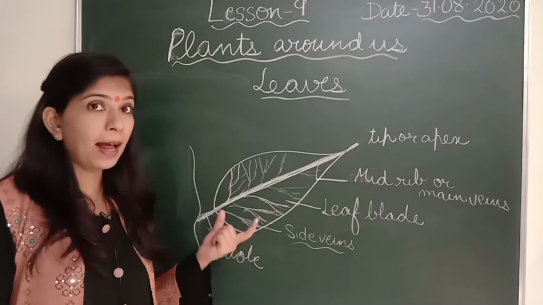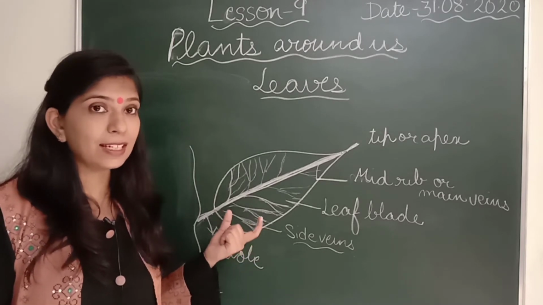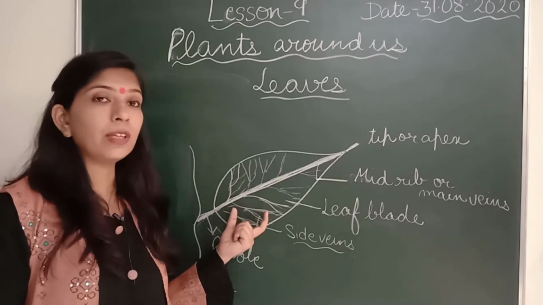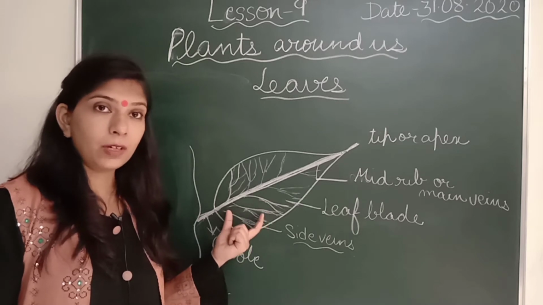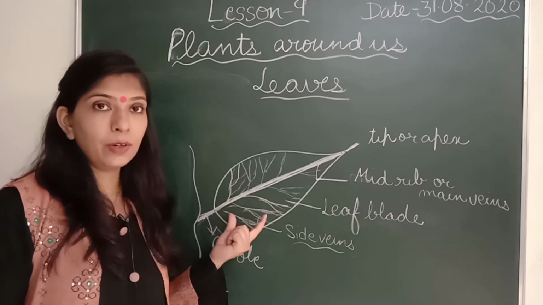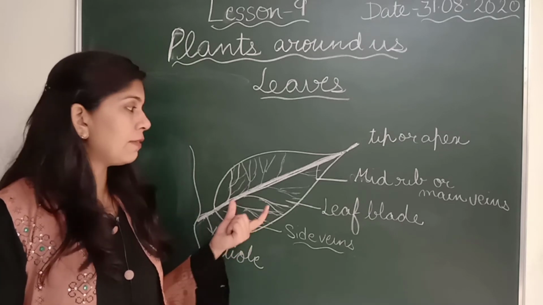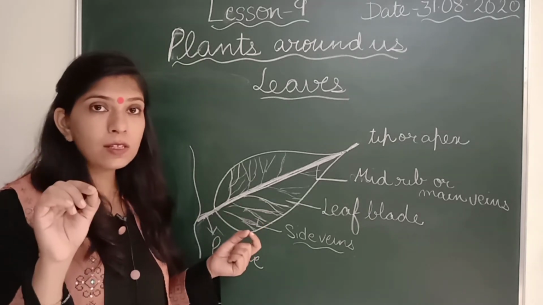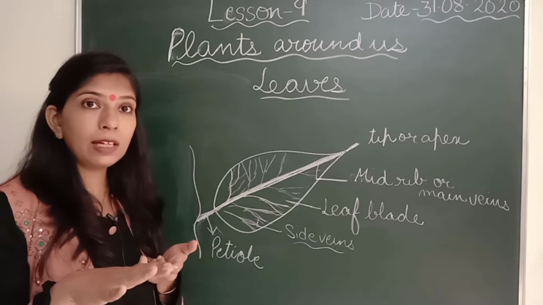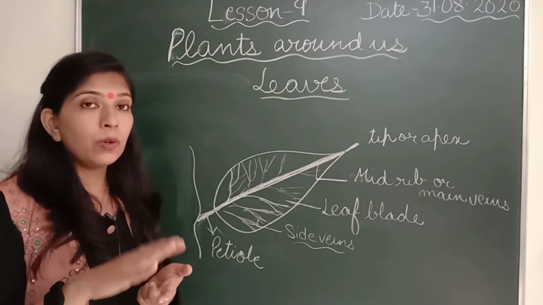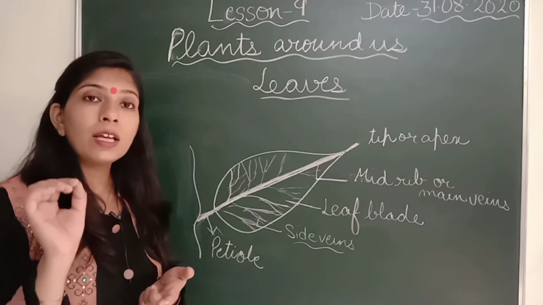Now I told you plants also breathe, right? They breathe with the help of this part. What is this part? Leaf. They breathe with the help of leaves. I told you leaves have tiny holes on their surface, and those tiny holes we call stomata.